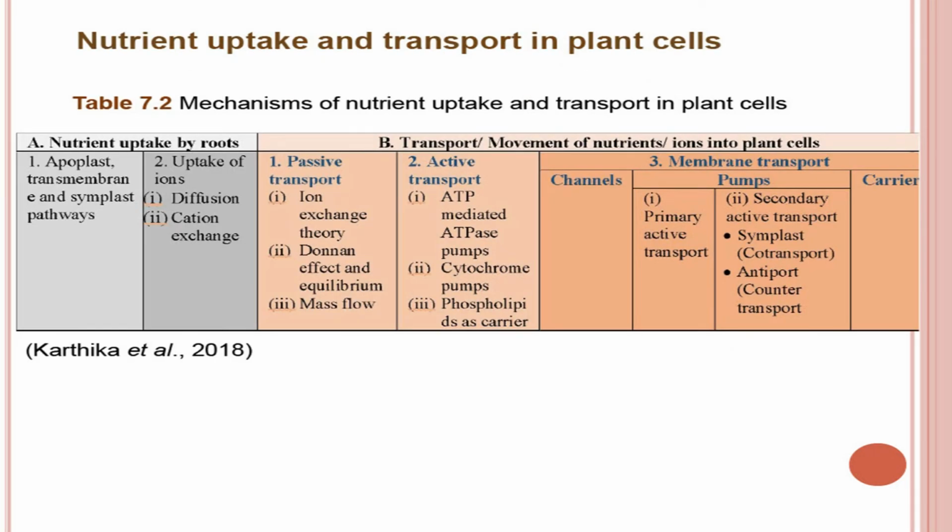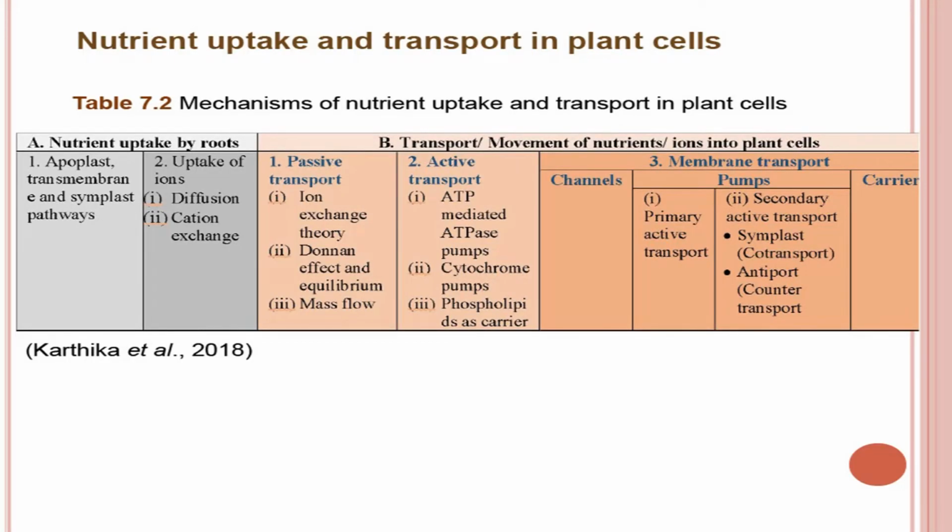Let us see the nutrient uptake and transport in plant cells. Here there is one table you are seeing on the screen, mechanisms of nutrient uptake and transport in plant cells. It is in two parts. First, part A is nutrient uptake by roots. Number 2, or part B, is transport or movement of nutrients or ions into plant cells. You must see this classification carefully.